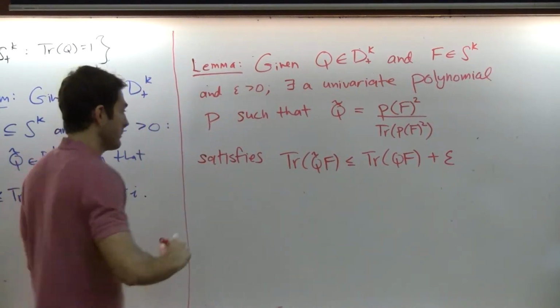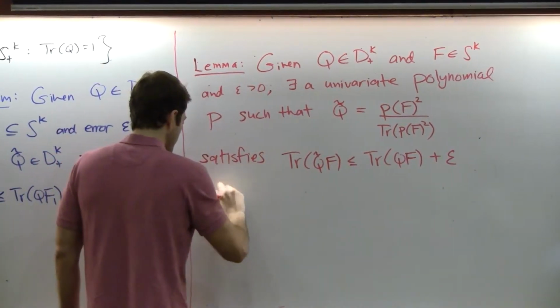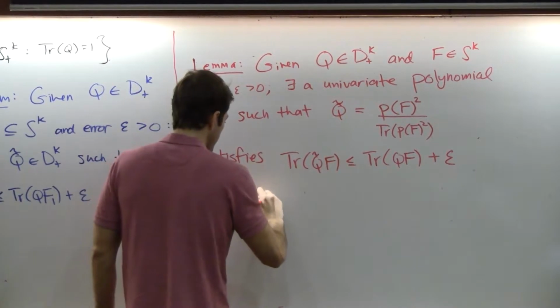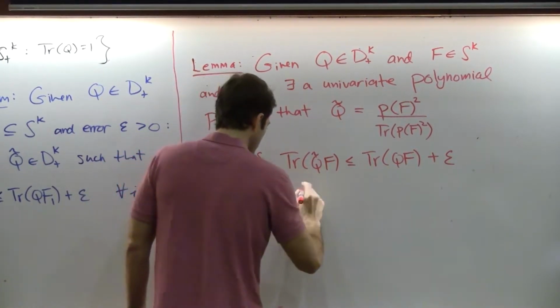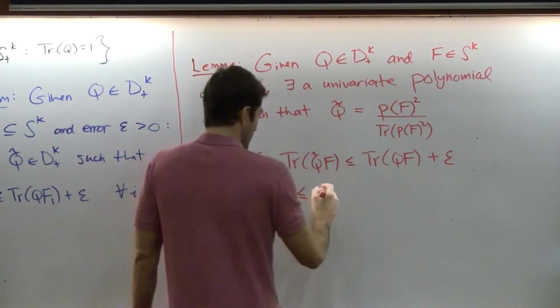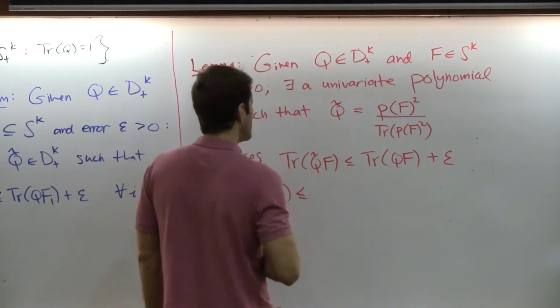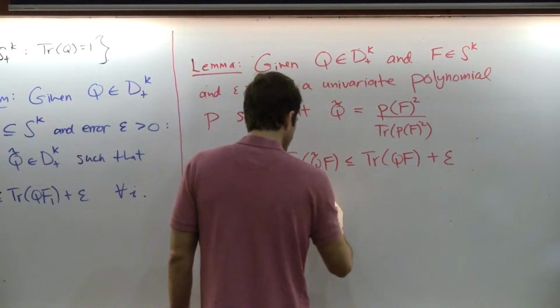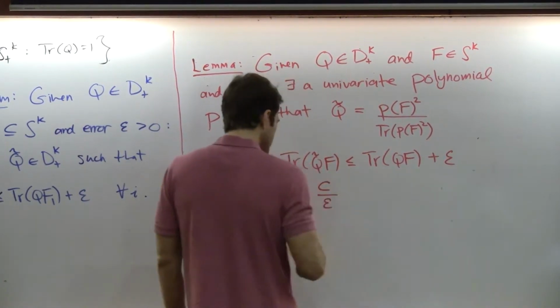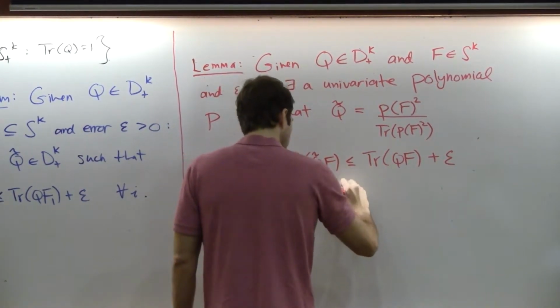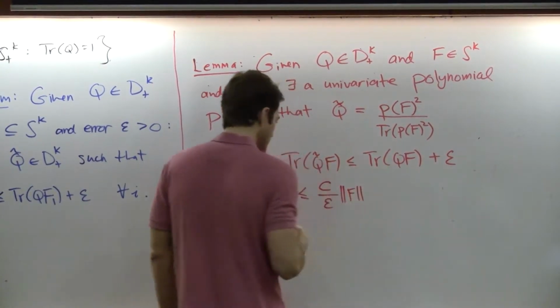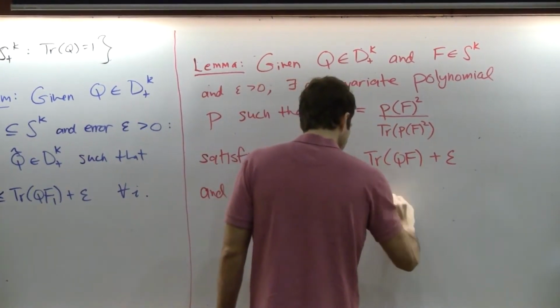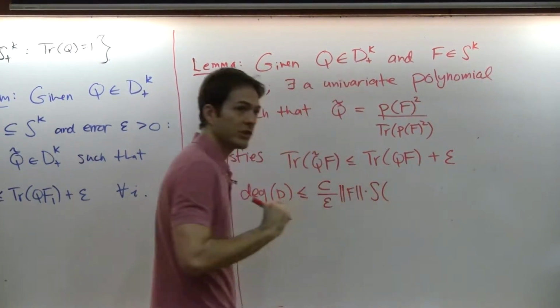And so far this would not be so interesting, but the last thing is that the degree of P is small. So the degree of P is at most some constant over epsilon times the operator norm of the test times, and we're going to define this in a second, although James defined it yesterday.